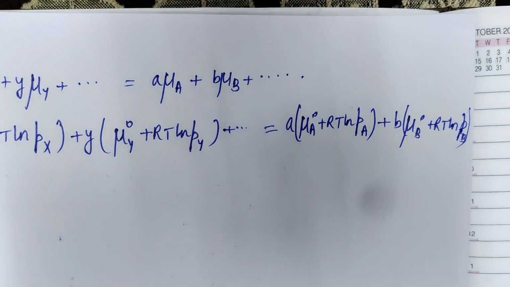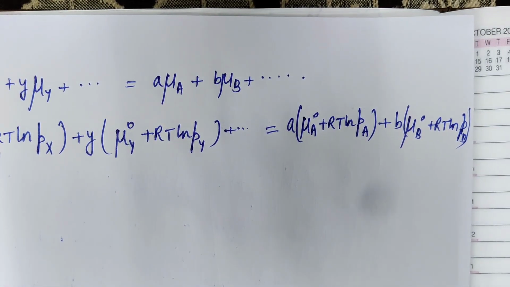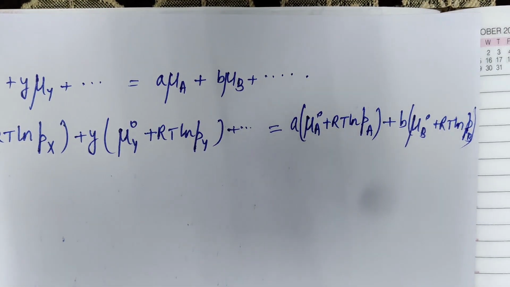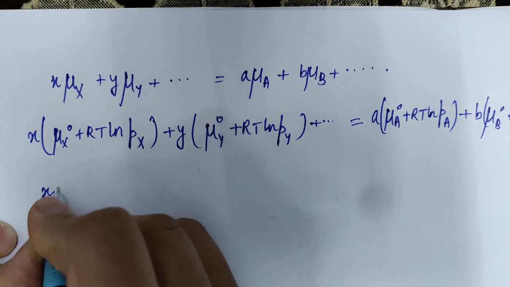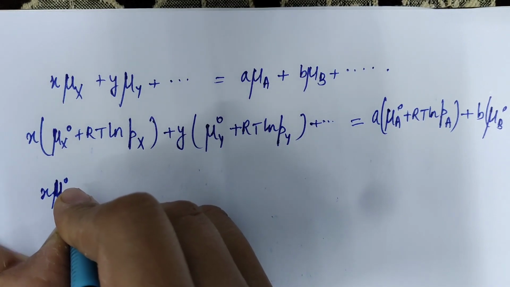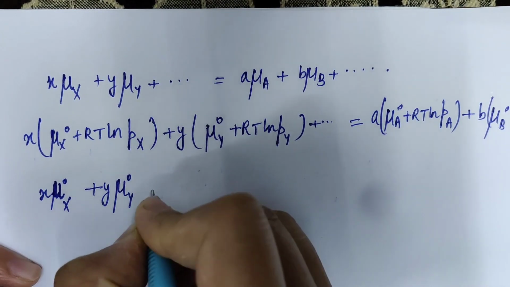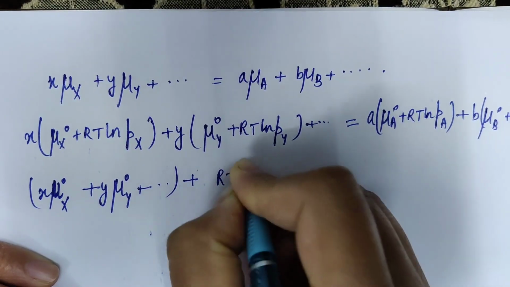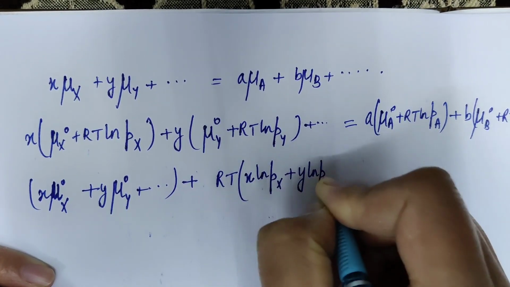Alright, now the next thing is to take all the log terms on one side and chemical potential terms on the other side. So the very first thing I'll do, I'll distribute the potential terms here. X of mu naught x plus y mu naught y plus so on and plus RT x ln p of x plus y ln p of y.